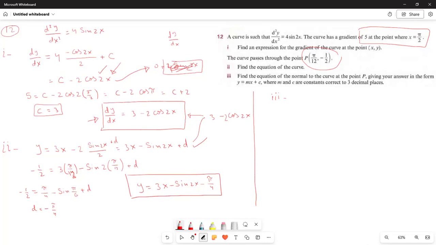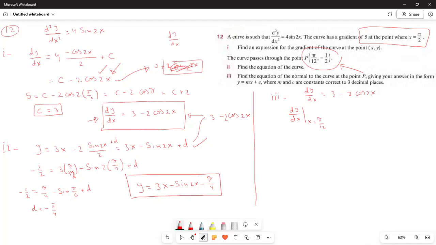So we know that the derivative dy by dx is given by 3 minus 2 cos 2x. So I need to know the derivative when x is equal to pi by 12, because I need to find the normal to the curve at this point P, and the x coordinate of P is pi by 12.